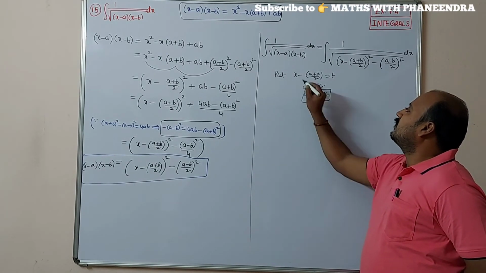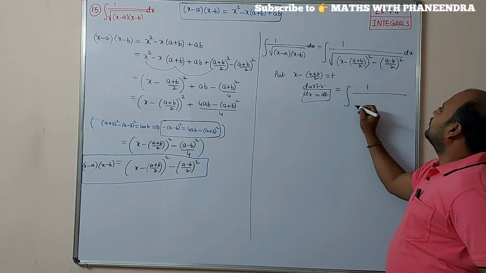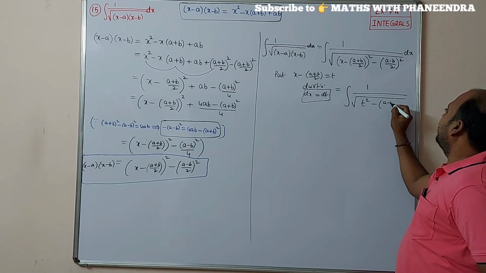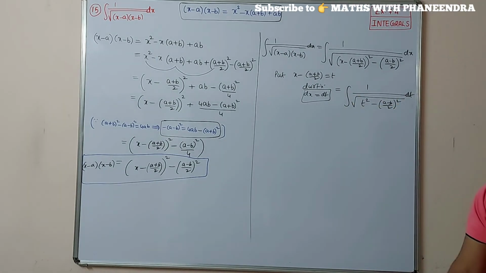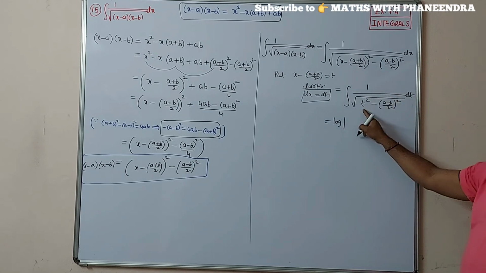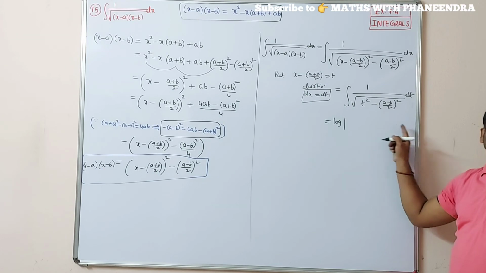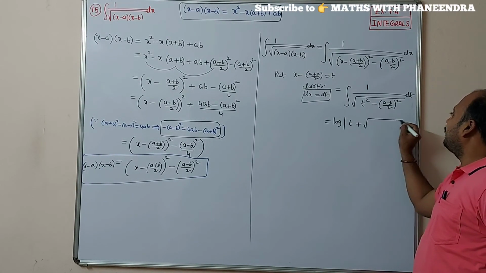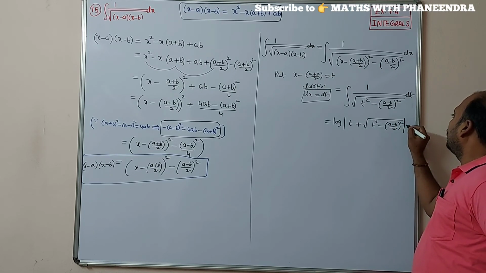So the integral becomes 1 by square root of t square minus ((a minus b)/2) whole square into dt, which is equal to log mod t plus root of t square minus ((a minus b)/2) whole square plus c.